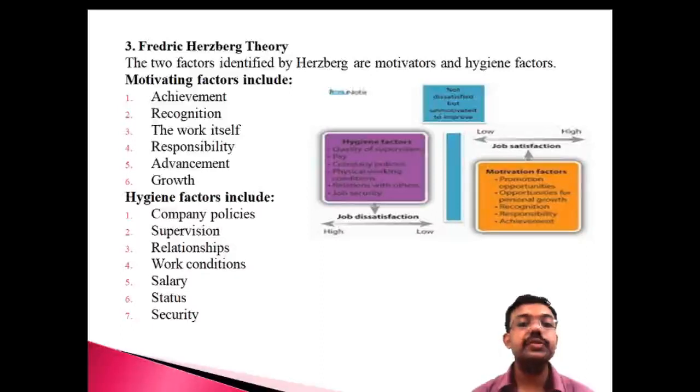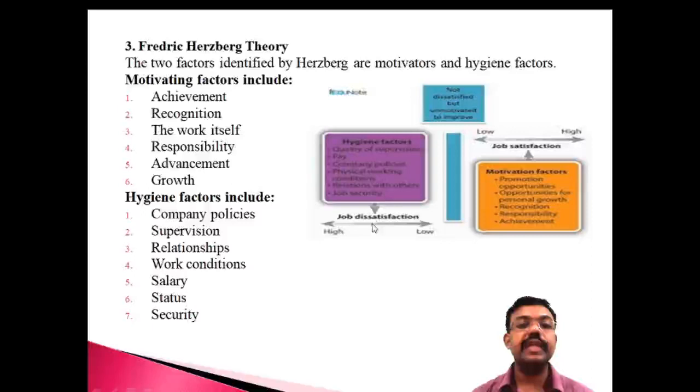ഹൈജീൻ ഫാക്ടർ ഒരു ജോബ് ഡിസാറ്റിസ്ഫാക്ഷനെ സ്വാധീനിക്കാം. മോട്ടിവേഷൻ ഫാക്ടേഴ്സ് ഉണ്ടെങ്കിൽ ഓട്ടോമാറ്റിക്കലി ജോബ് സാറ്റിസ്ഫാക്ഷൻ കൂടാനുള്ള പോസിബിലിറ്റീസ് ഉണ്ട്. ജോബ് ഡിസാറ്റിസ്ഫാക്ഷൻ ഏറ്റവും കൂടുതൽ സംഭവിക്കുന്നത് ഈ ഹൈജീൻ ഫാക്ടർ കാരണമായിരിക്കും.